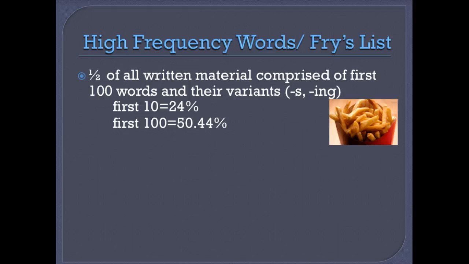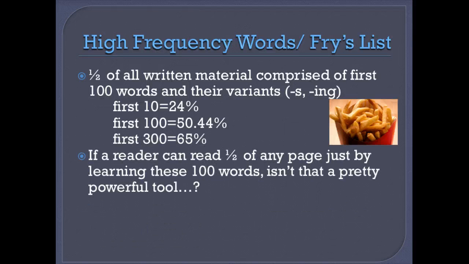Here are some percentages of how many times these words appear in text. You can see that it is very, very powerful for students to know these high frequency words if they're going to be reading. It was mentioned in Fry's article that if a reader has to sound out a word like of or which, they're going to have a lot of trouble getting through a paragraph.